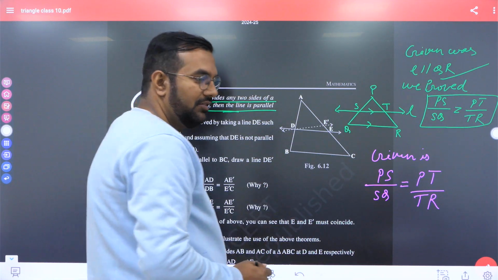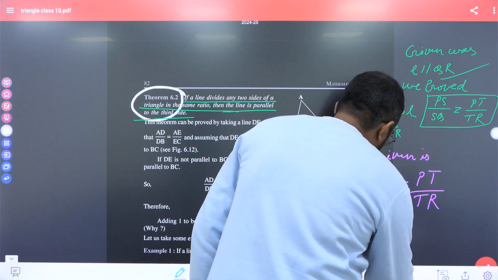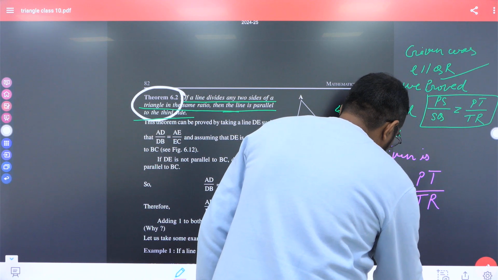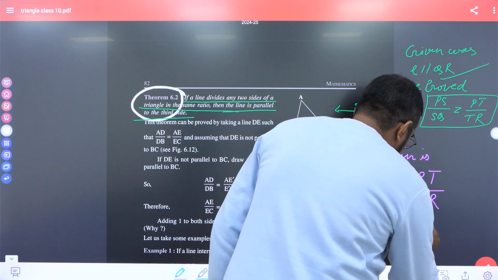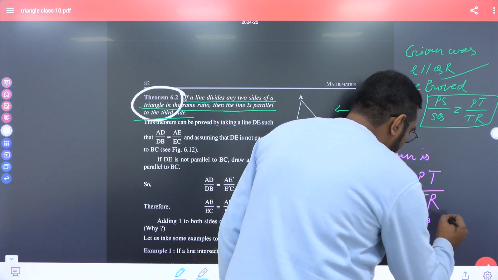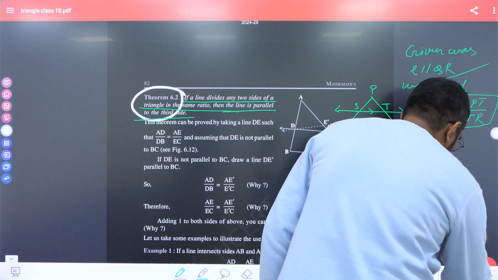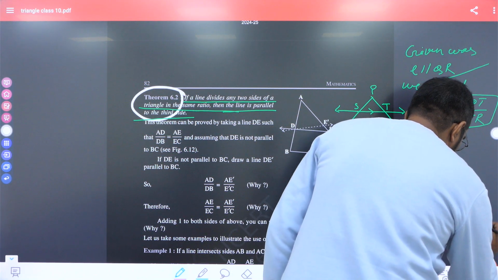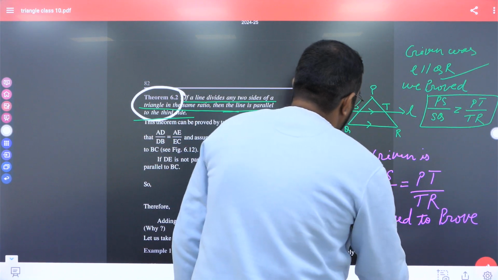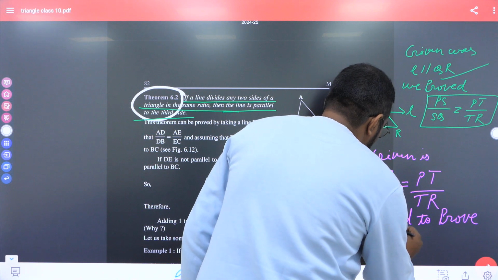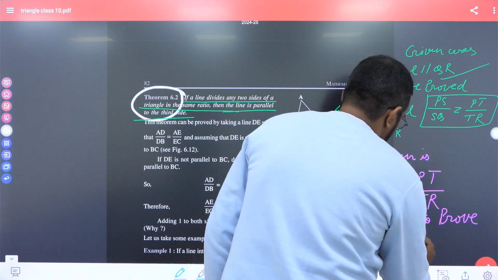This is given, and we have to prove that L is parallel to QR.